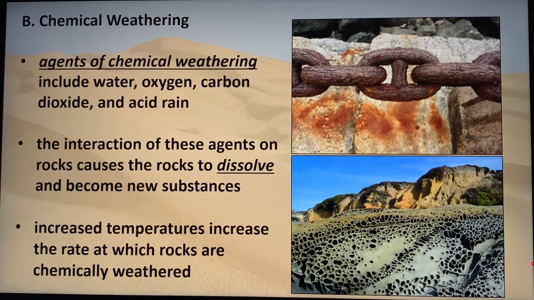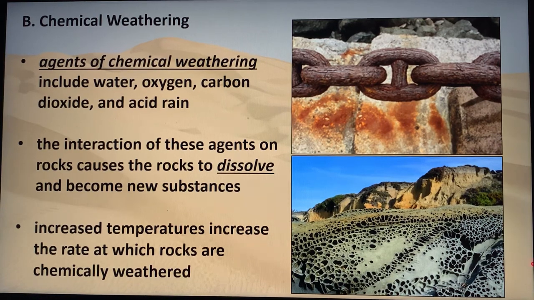So the interaction of those agents, and that's definitely going to be a question on your test, so you're going to have to remember the agents of chemical weathering. These agents interact with the rocks, and they cause the rocks to break down chemically and become new substances. It dissolves the rock.